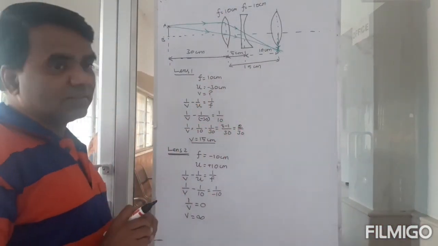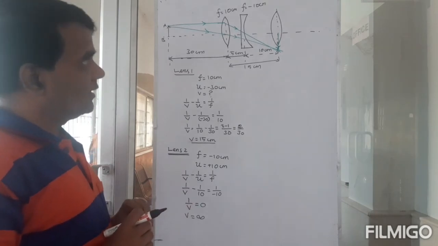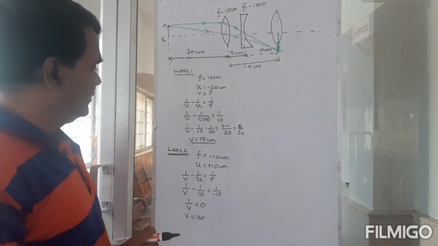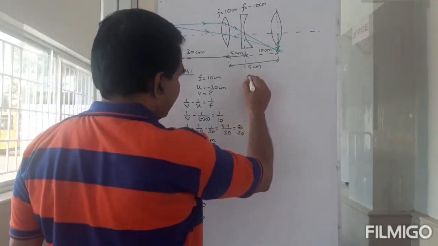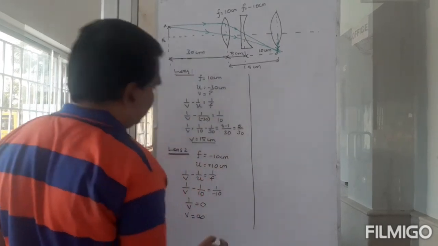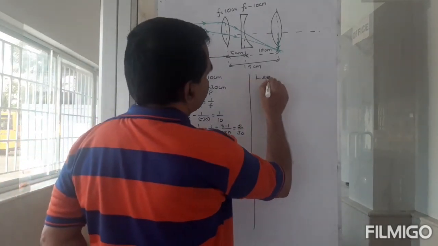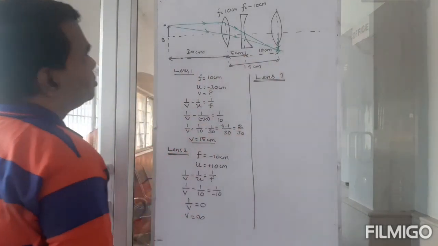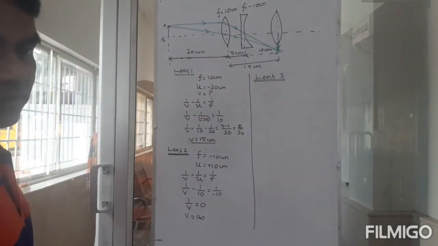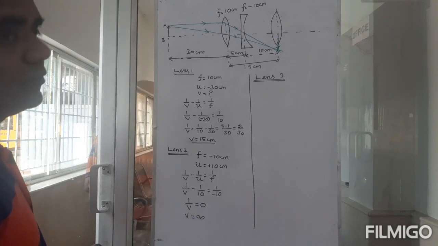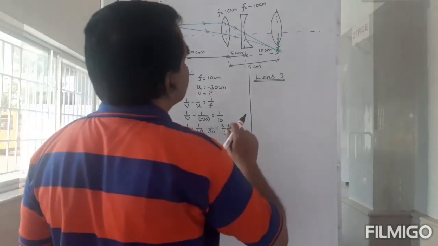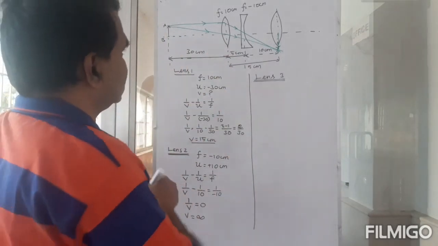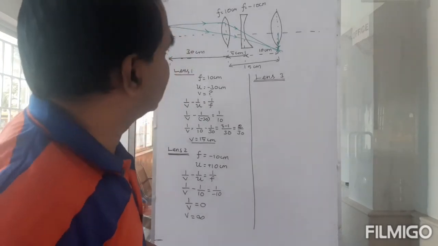If this is infinity, where will lens 3 form the image? If the previous lens forms the image at infinity, then what will this do? I'll use a different color now.